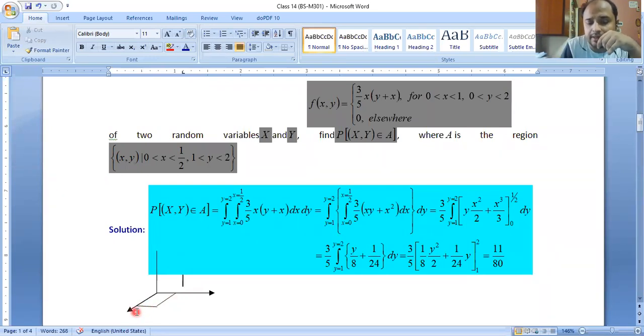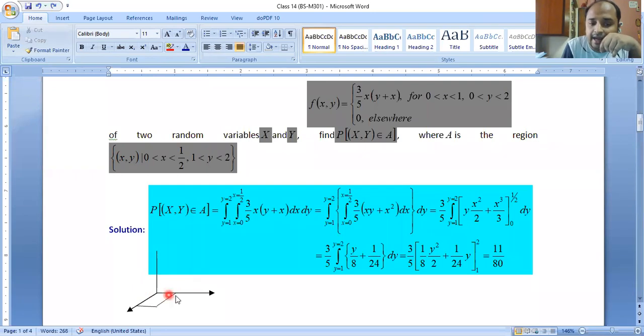What are we actually calculating? We are calculating the area of this particular base on which the function will be erected. That is how we try to represent the calculation of a double integral.